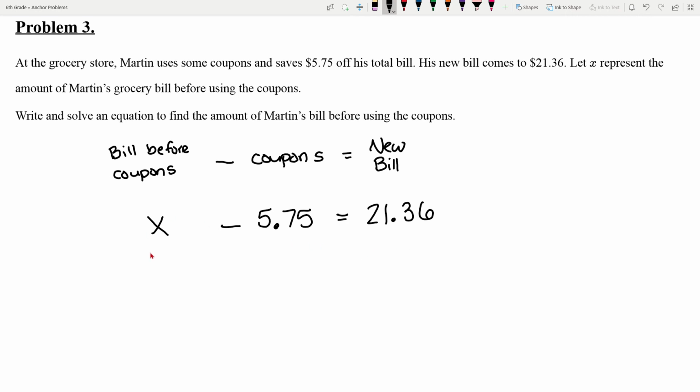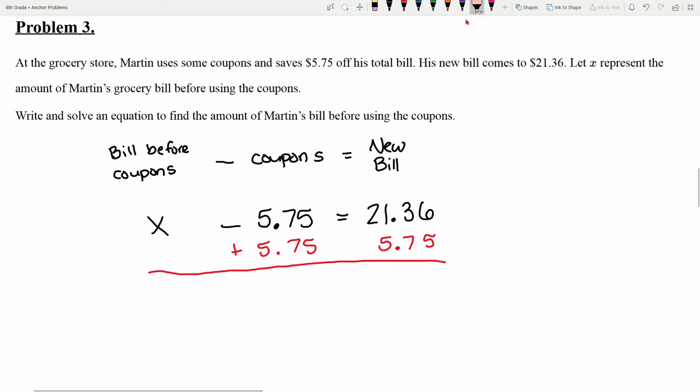So there's our equation. The bill before coupons, X, minus the $5.75 in coupons is going to equal $21.36. So if we add $5.75 to both sides of the equation here, negative 5.75 plus 5.75 is 0, so that cancels out.